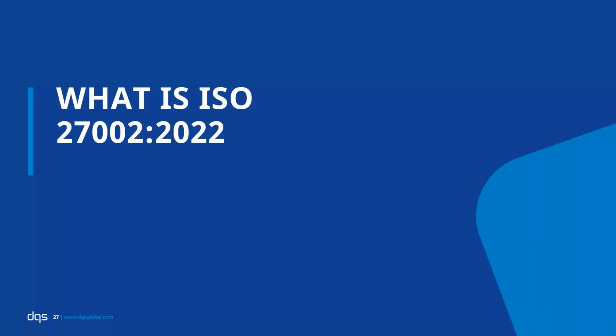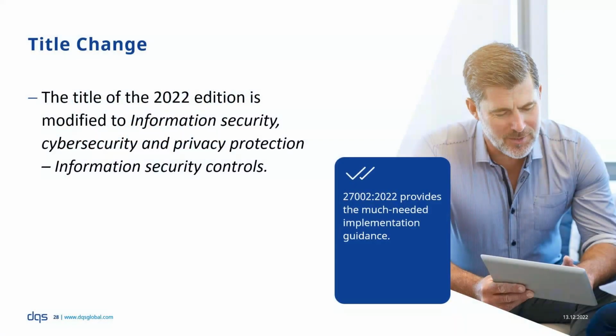In the next few slides, I would like to point out how helpful the 002 document can be and how you can use it to make your upgrade easier. Just as the title of the 001 standard, the title of its reference document has cybersecurity and privacy protection added.